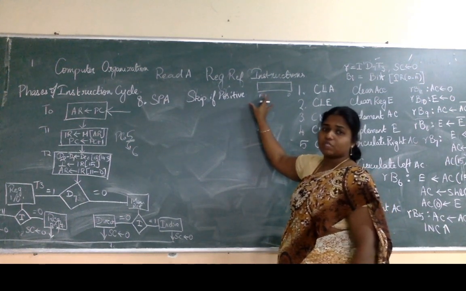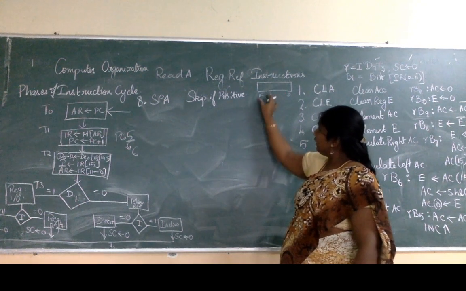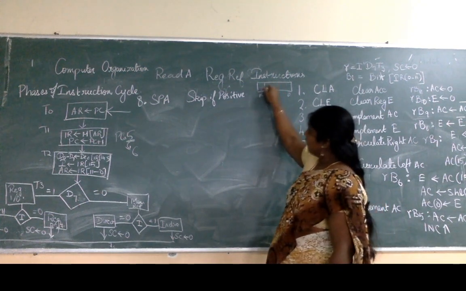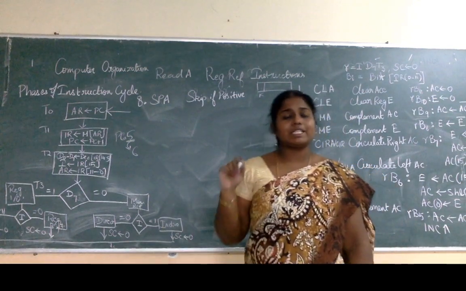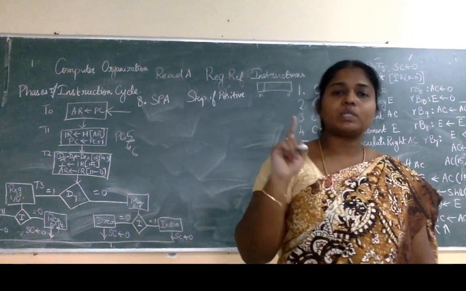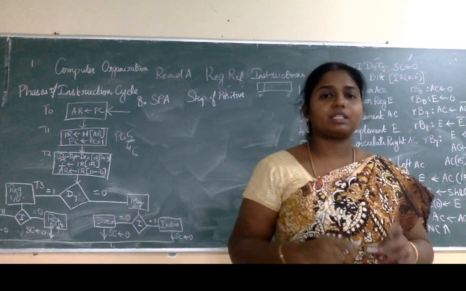So this MSB is called the sign bit. So if my 15th bit of the accumulator is, when is it 0 and when is it 1? The value is 1 if the number is negative. The value is 0 if the number is positive.